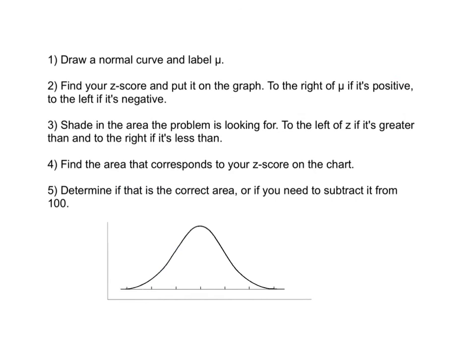It is not something that you need to memorize. And you'll see in the examples, the chart is very long and lengthy and complicated. So you're going to look up the z-score on your chart and say, okay, this is the area we are talking about. And then you're going to determine if that is the answer. If it's less than, that will be the answer, whatever area you found. If it's greater than, you're going to have to subtract that area from 1 to find the answer that the problem is looking for.